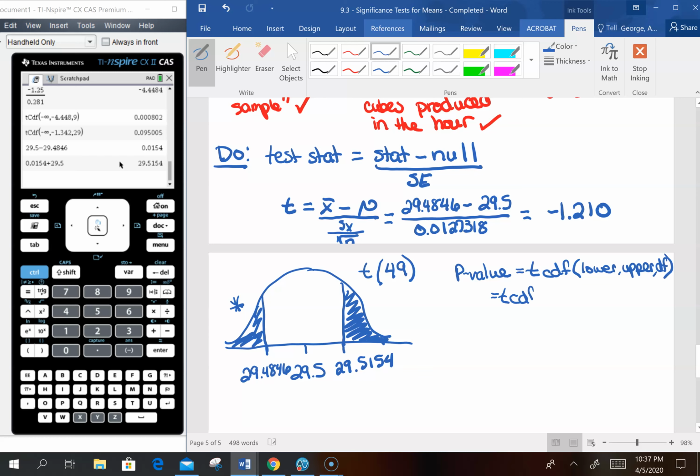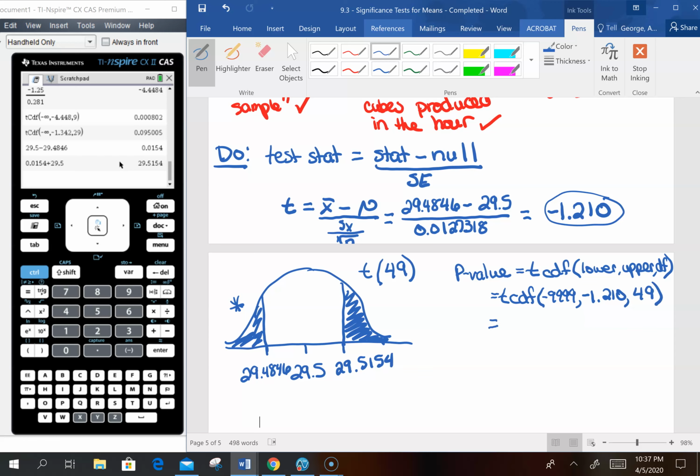For the t-CDF, we're just doing the one side, so lower is negative 99999. And then our upper is our t-value, so negative 1.210, and then our degrees of freedom is 49.